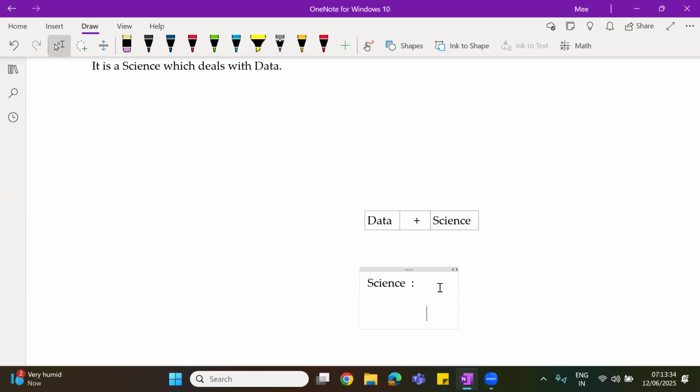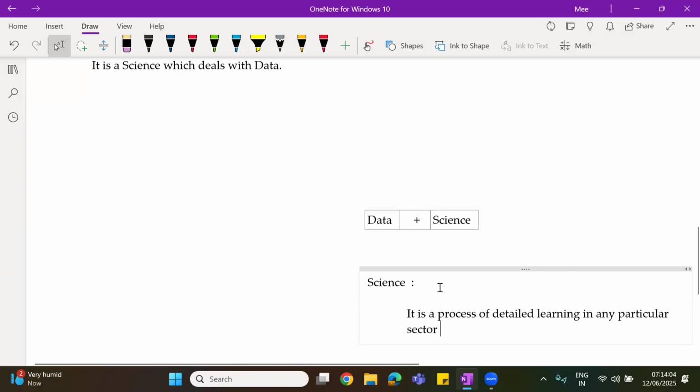Any particular sector you take, you do detailed learning through observations and experiments. That is called science. So we can say it is a process of detailed learning in any particular sector through observations and experiments.